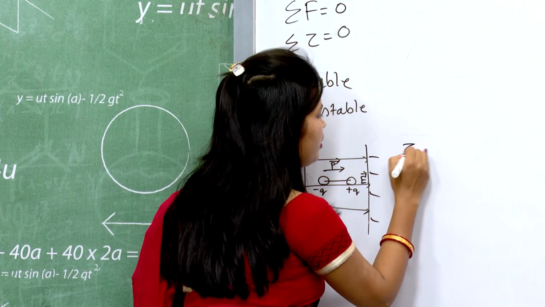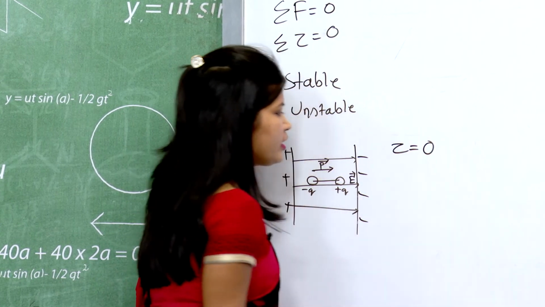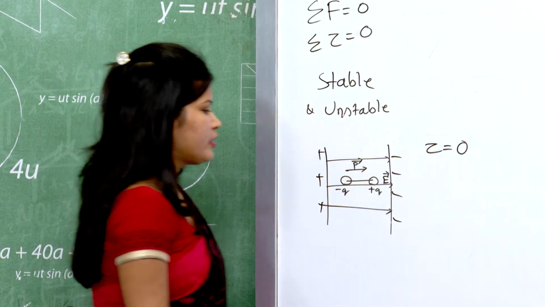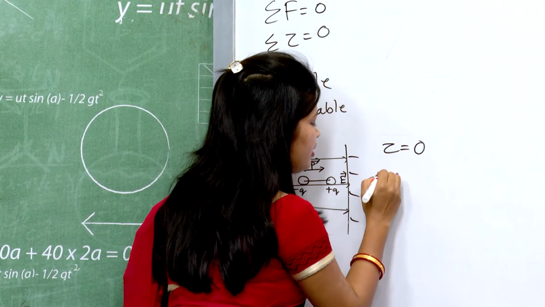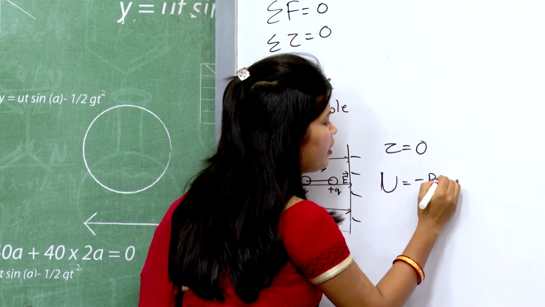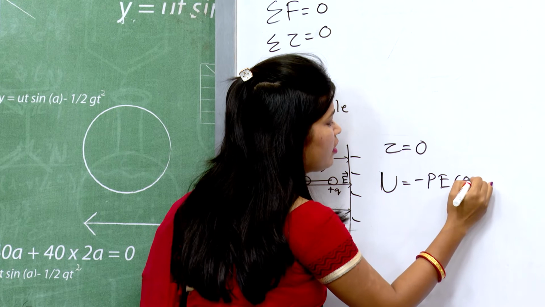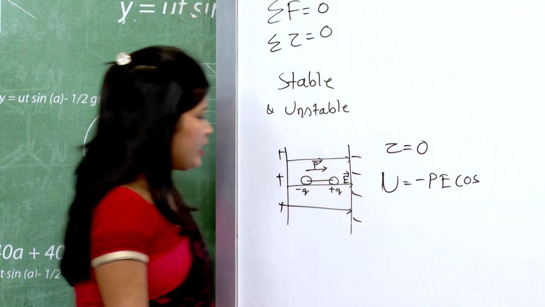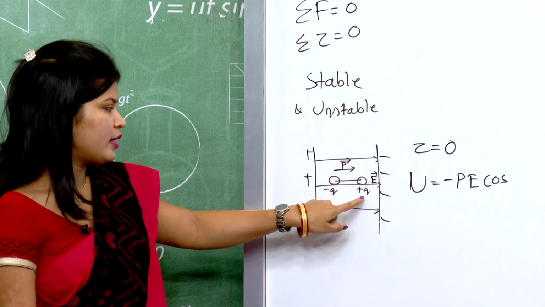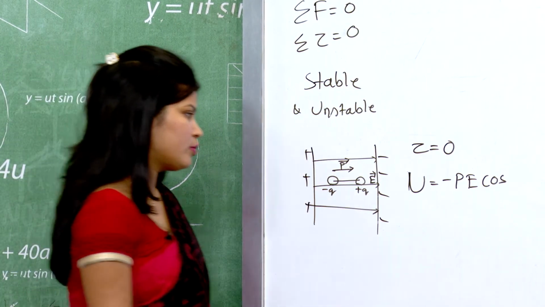Here, torque is 0 because there is no movement, but potential energy U is equal to minus P E cos theta, where theta is the angle between the dipole moment and the electric field, and the angle is 0.